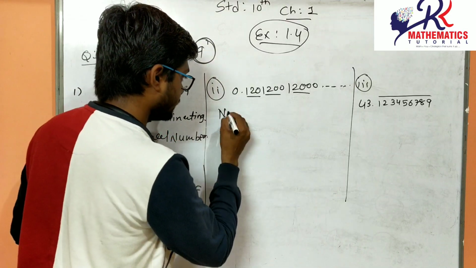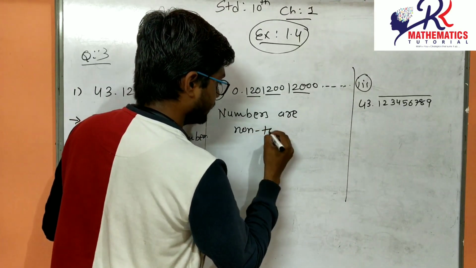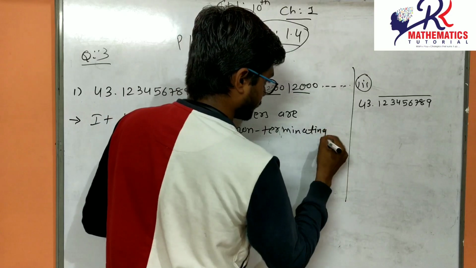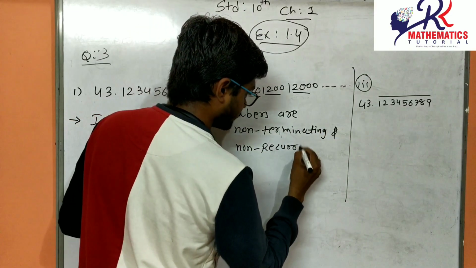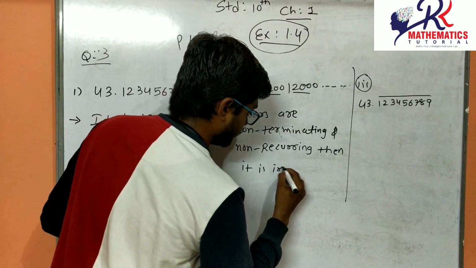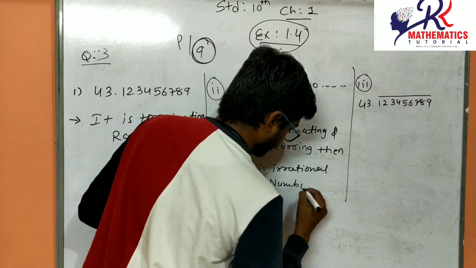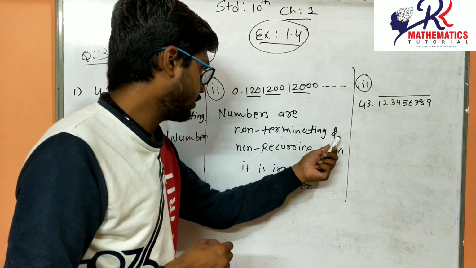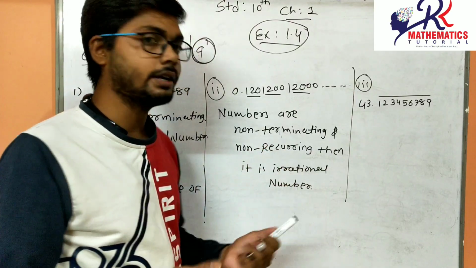When the number is non-terminating and non-recurring, then it is an irrational number. But remember, when the given number is non-terminating and non-recurring, then it is an irrational number. If it is an irrational number, we cannot write it in p by q form.